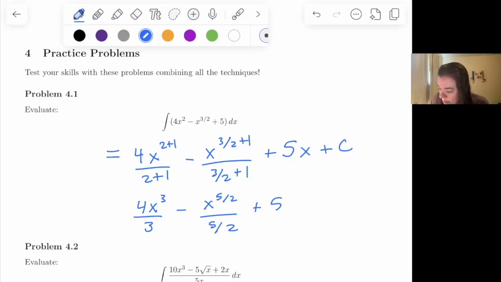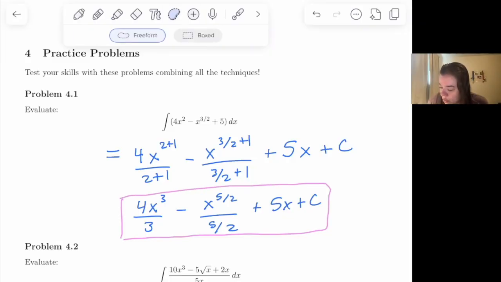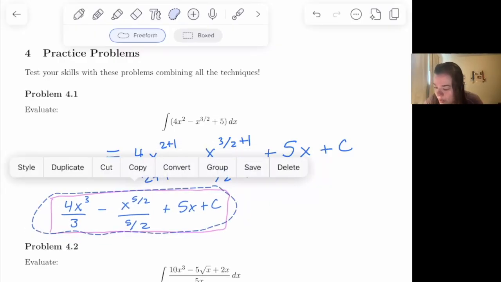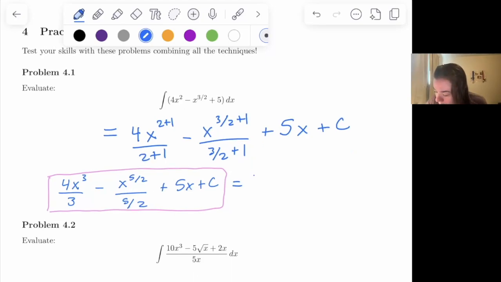Just cleaning up. So here would be one way to write your final answer. I will take the time to show you what this might look like a little bit cleaned up. So let me just make that a little smaller. A different form of your answer could look like this.